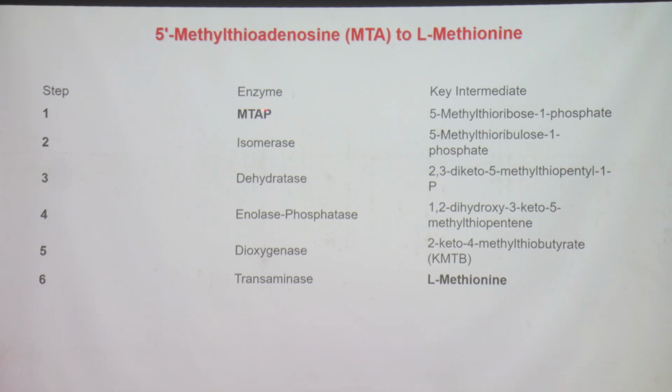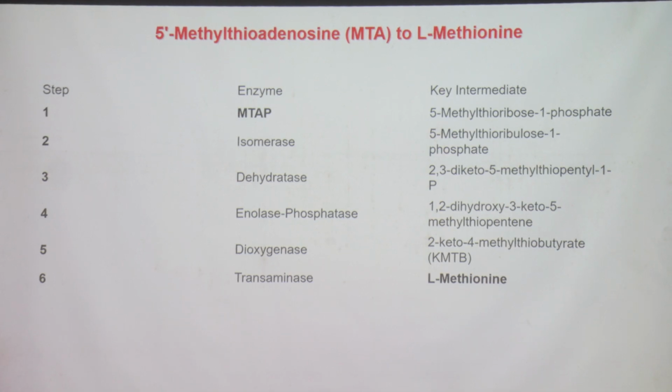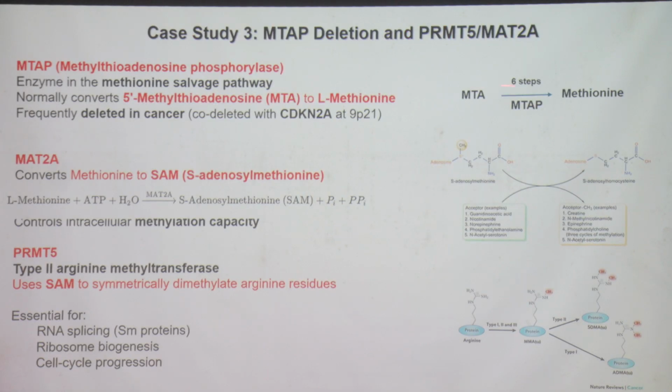MTAP is used in the first step, and then there are other enzymes. The point is that MTA is converted to L-methionine via MTAP. That is the first step of the reaction. So that's one player you have to remember: it is involved in methionine formation.